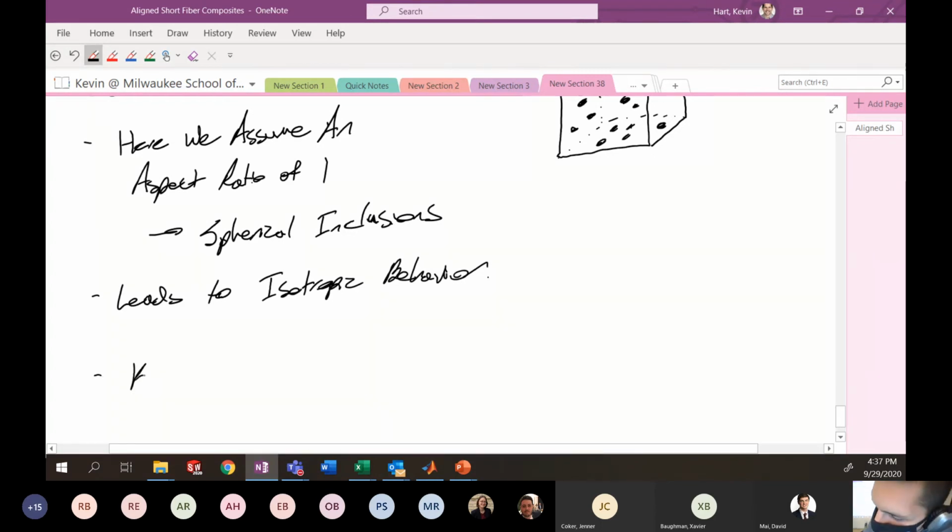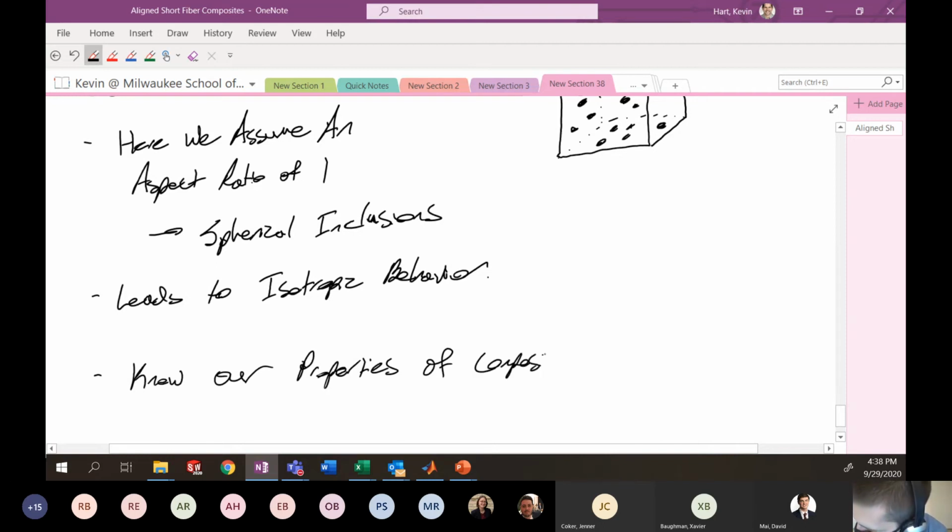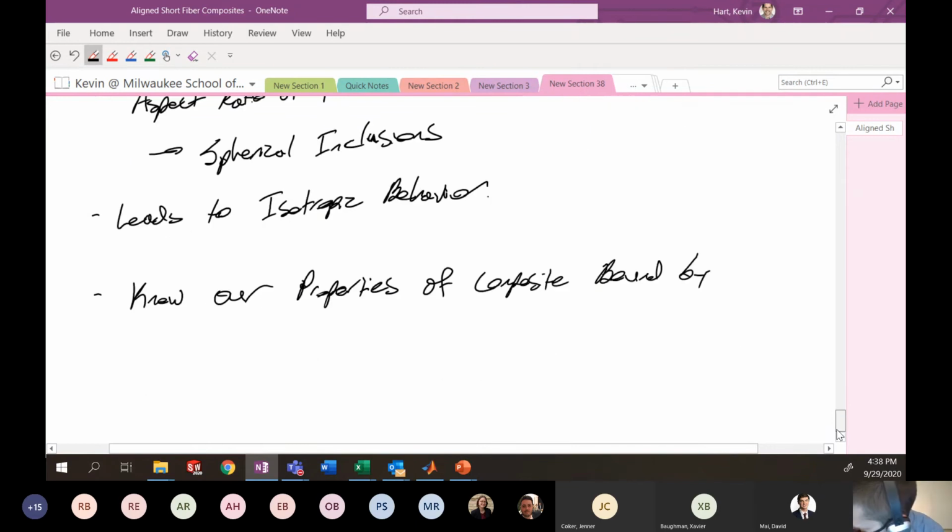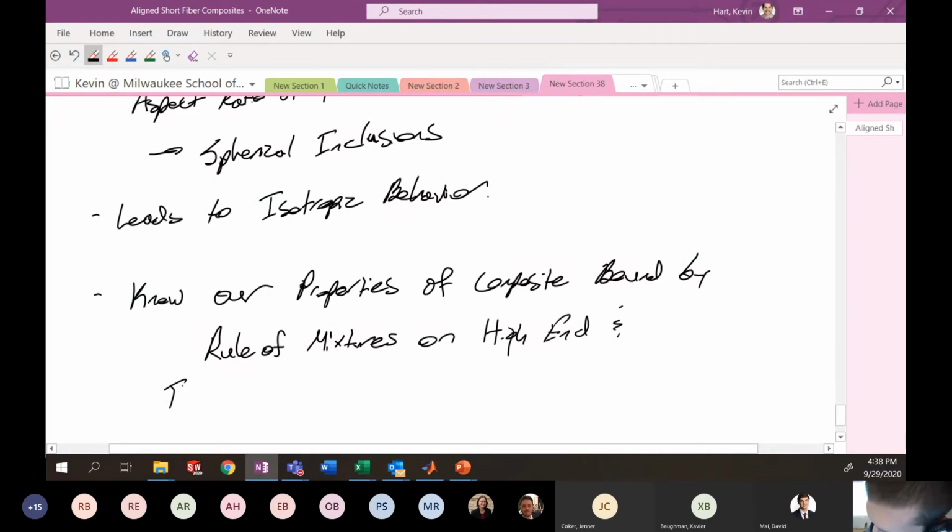So here we know our properties of the composite are bound by rule of mixtures on the high end and inverse rule of mixtures on the low end.